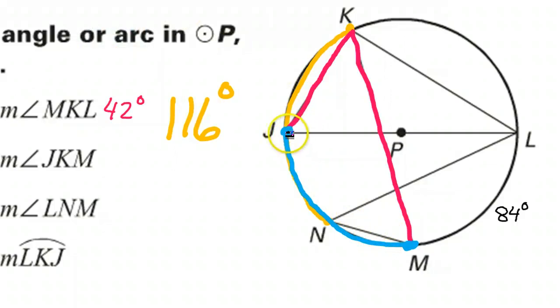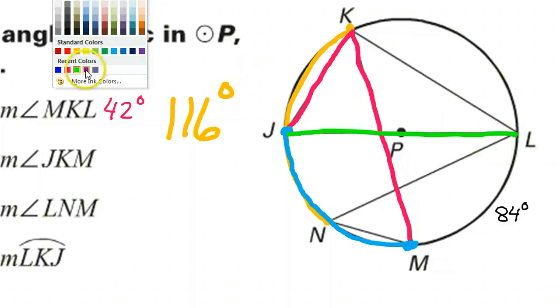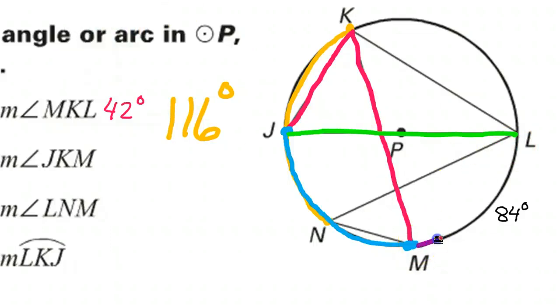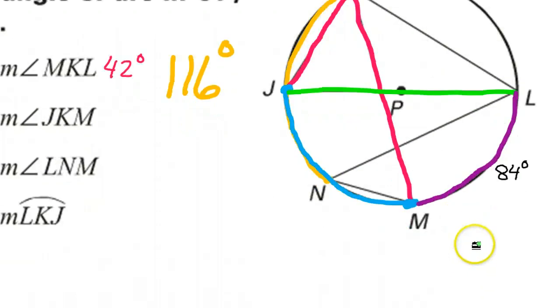we could use the fact that, once again, this is the diameter. That means that this bottom half of the circle is 180 degrees. Now, can you see that the 84 degrees is this purple part? The blue part and the purple part together should make 180 degrees. So to find the blue part, just subtract 84 from 180.